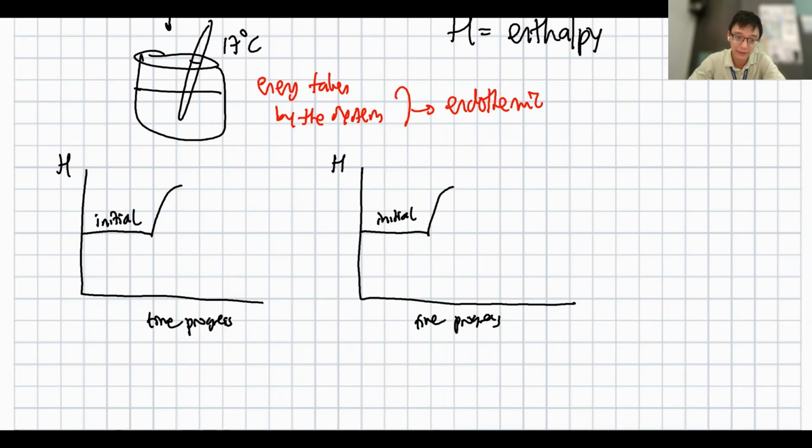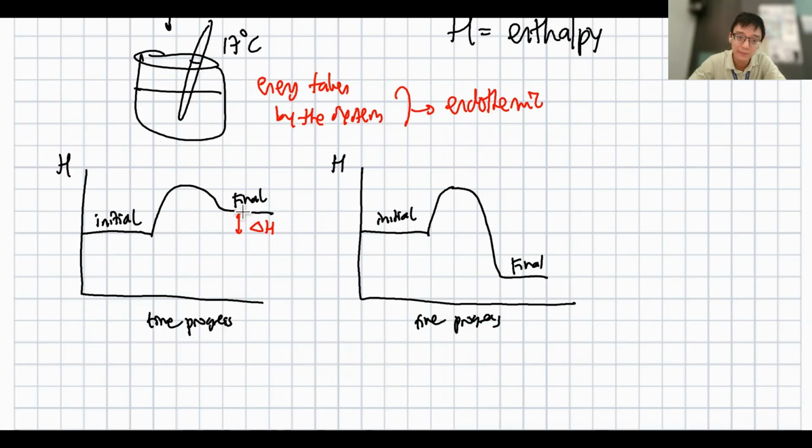If the product's energy level is higher, let's say this final level, it means that your final product has absorbed some energy. But if your final product's energy level is lower, let's say this, it means that your final product has lost some energy. By how much? It gained by this much. This is what we call the change of enthalpy, the change of total energy of the system.